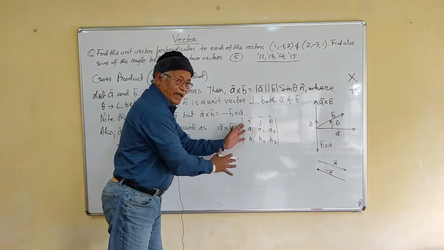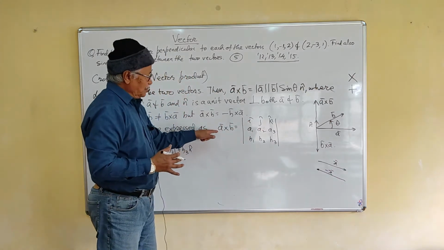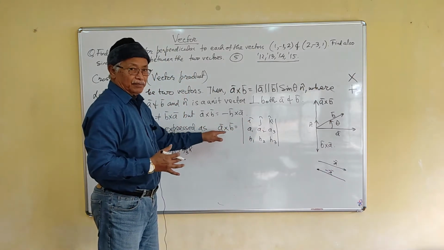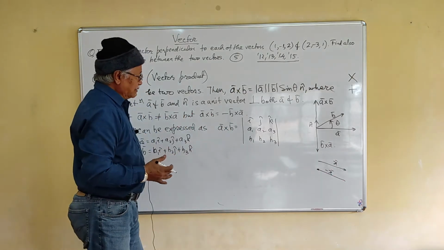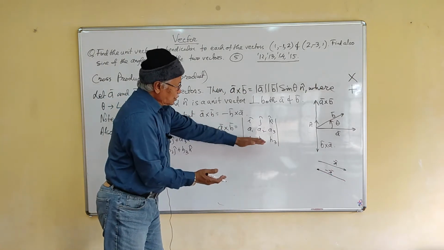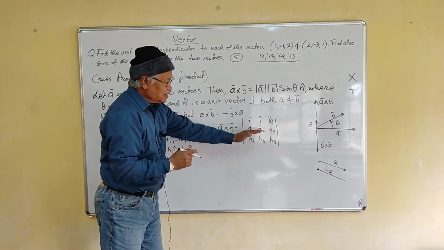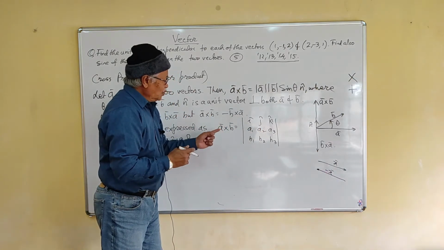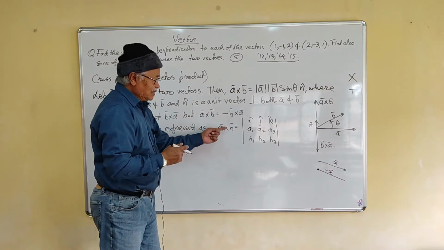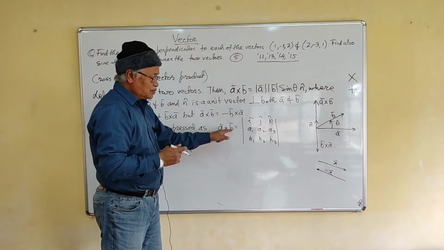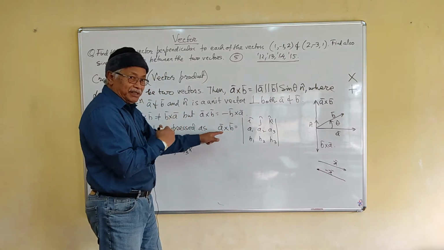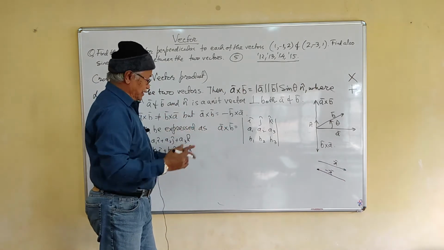Try to find the value of the determinant, and that will give you the value of A cross B. If you interchange the rows, what will happen? The sign of the determinant will change. So also the sign of this will change. That means A cross B will be minus B cross A.